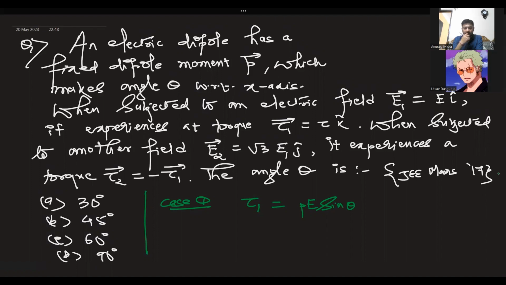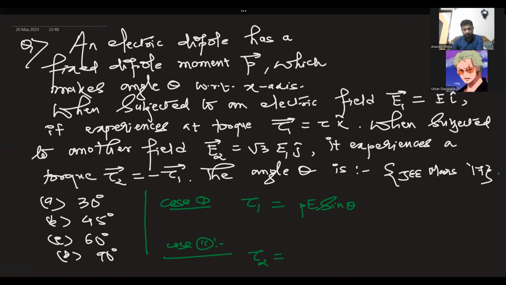This was the torque acting on it when subjected to the first field. Case 2, when subjected to another field E2 equal to root 3 E1 j cap, it experiences a torque minus tau 1. Okay, মানে direction wise the torque has become opposite, but magnitude wise it will be the same.